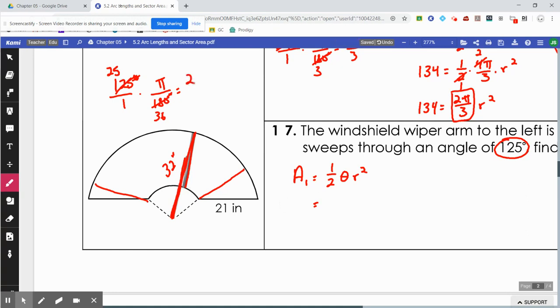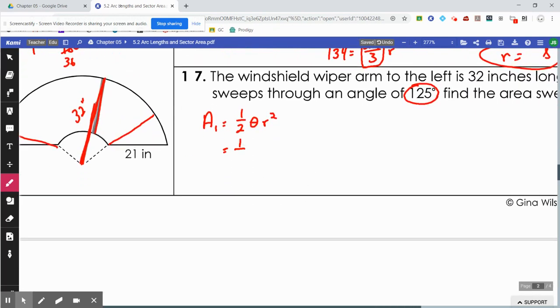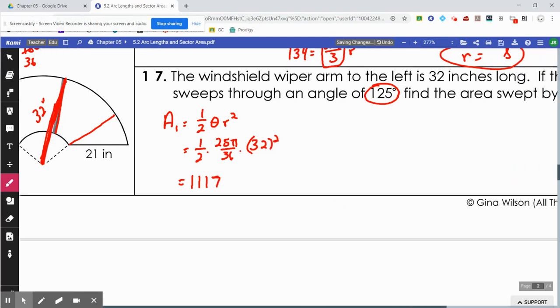So you have 25 pi over 36 as our angle. So area 1 is 1/2 times 25 pi over 36 times the radius of the big circle, which is 32, so times 32 squared. Multiply that out, and you get right at 1,117.